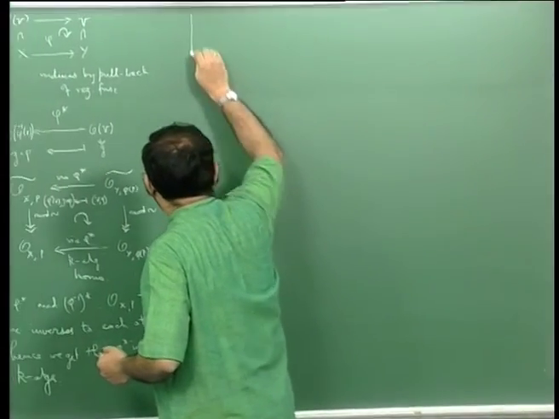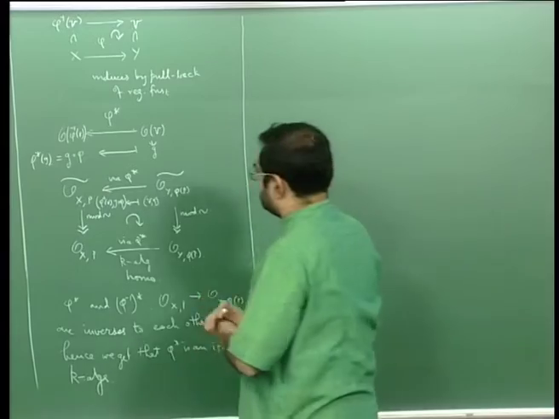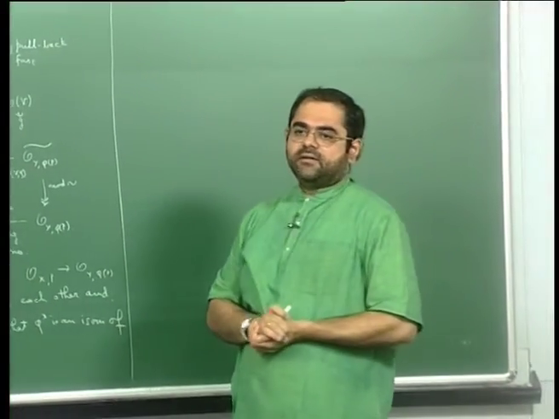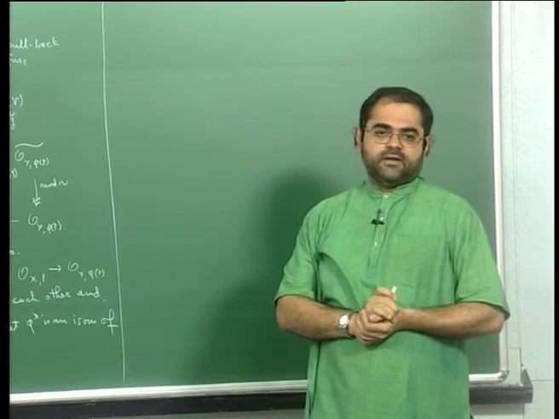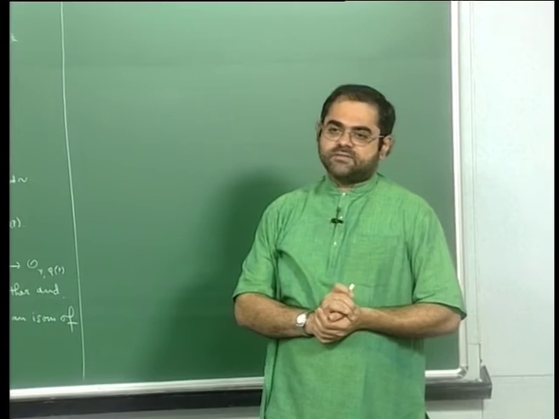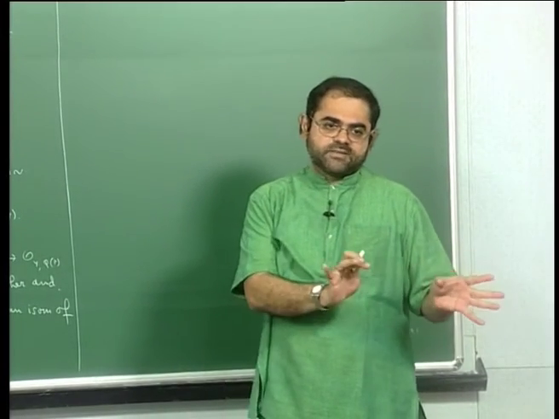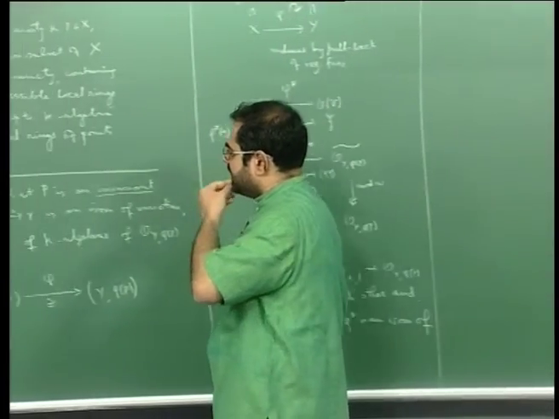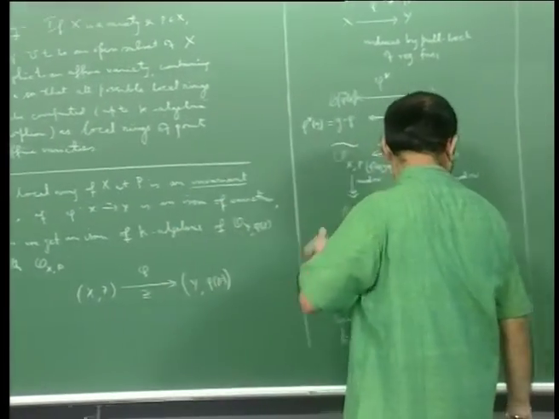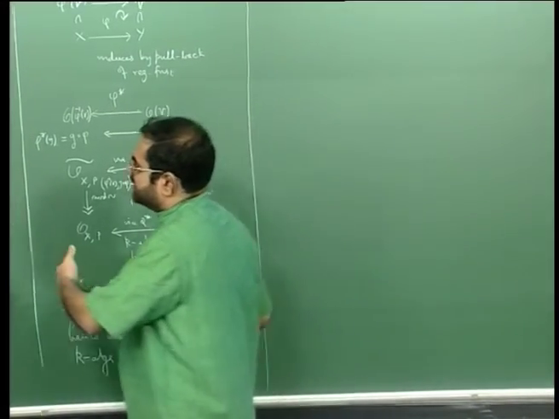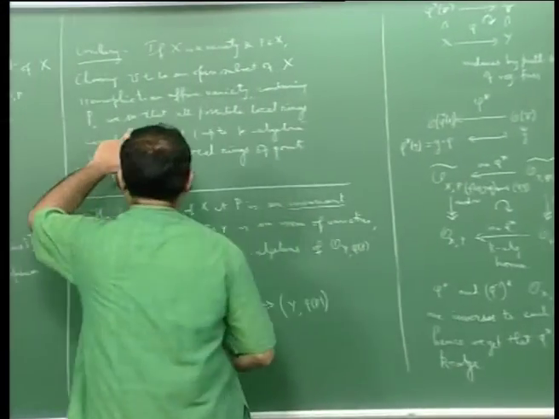And of course we try not to distinguish between varieties that are isomorphic in the geometric sense, and we do not try to distinguish between K-algebras which are isomorphic in the commutative algebraic sense. So this is what I am trying to say here.